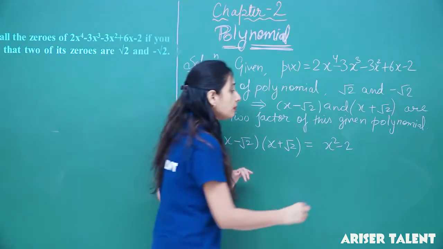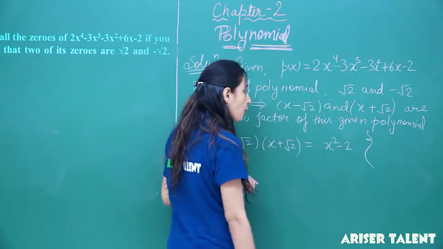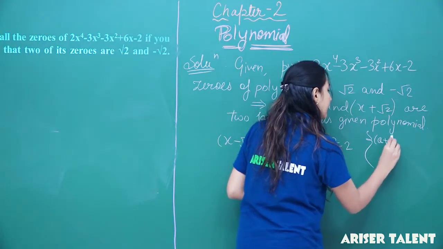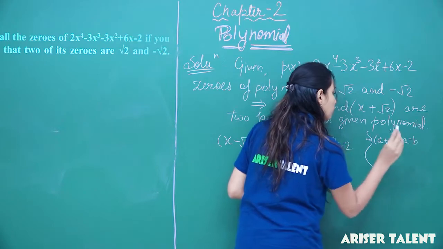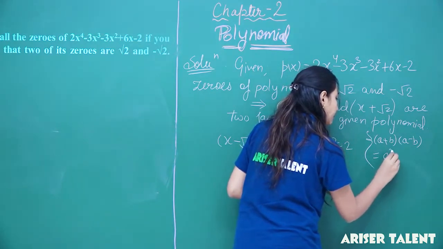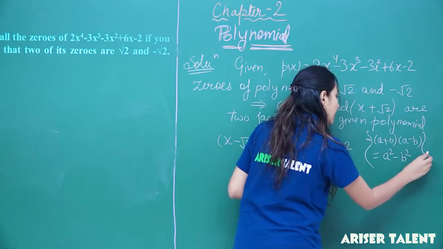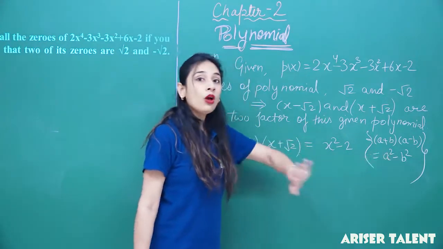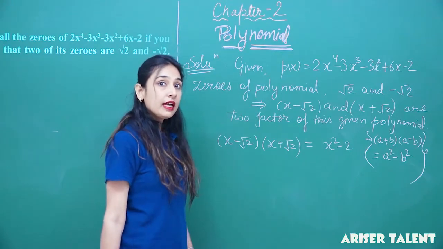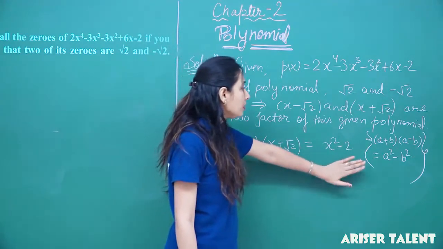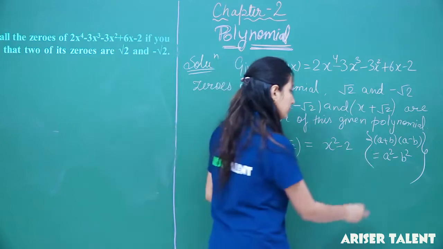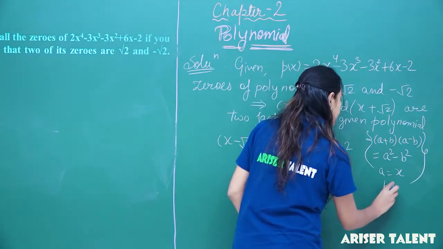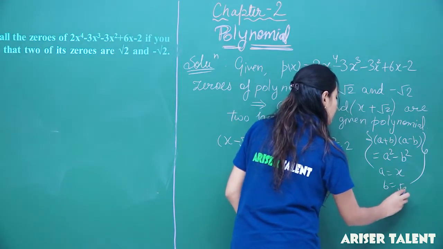Are you remembering something? We have read this formula of a plus b and a minus b equals what, student? a square minus b square. We used to write this formula all along in our previous classes. So we are very familiar with this. Now, a equals x here and b equals root 2 here.